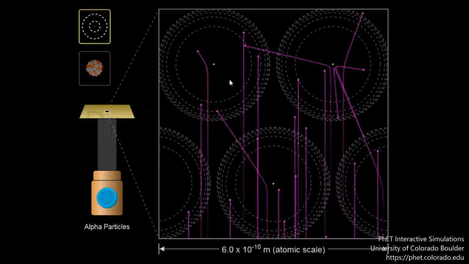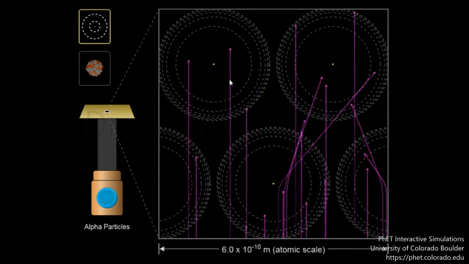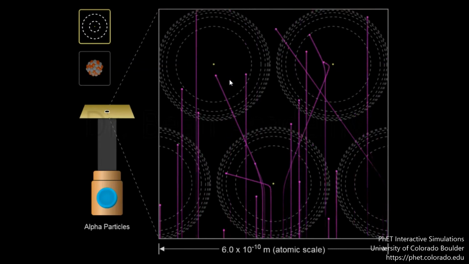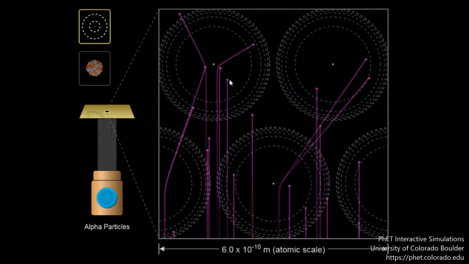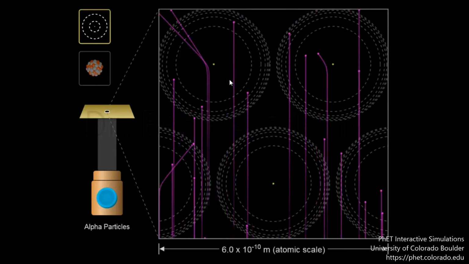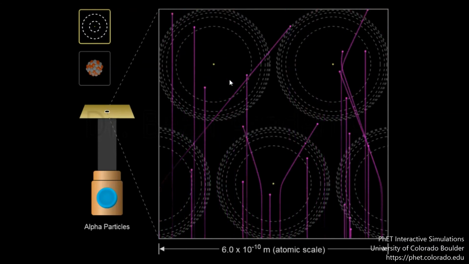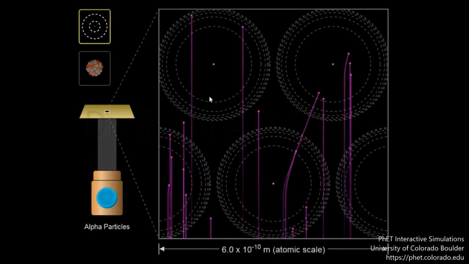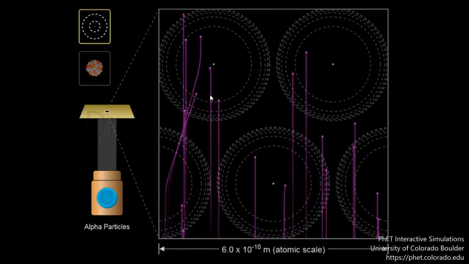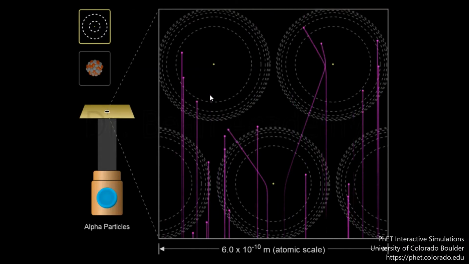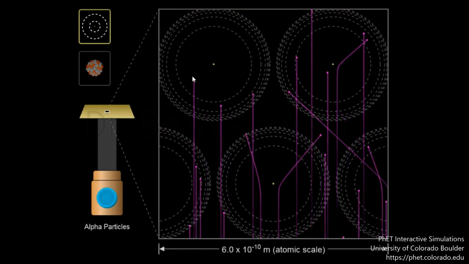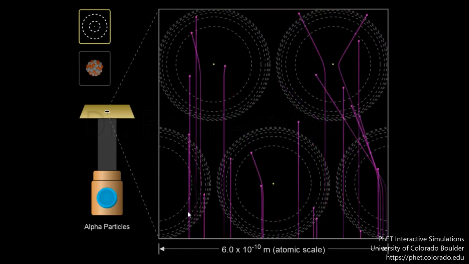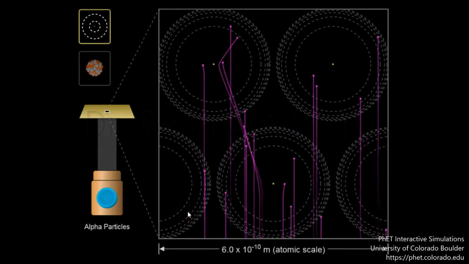Because he wanted to know the basic unit of this material, he wanted to make it as thin as possible so that there are only a few units which the alpha particles will interact with, and then he can find the information about those fundamental units. So you can see a lot of alpha particles just went straight through the gold foil.